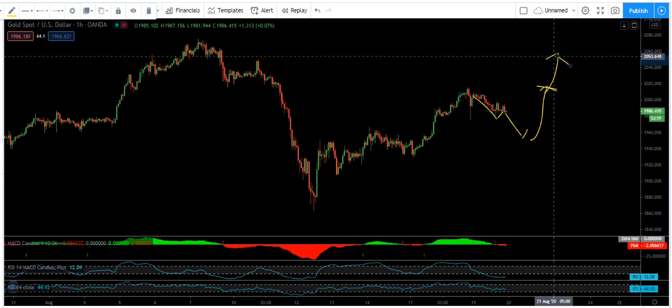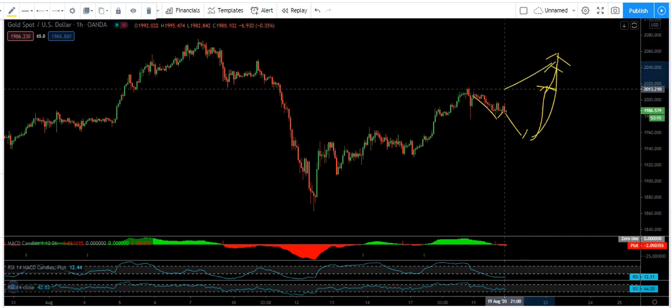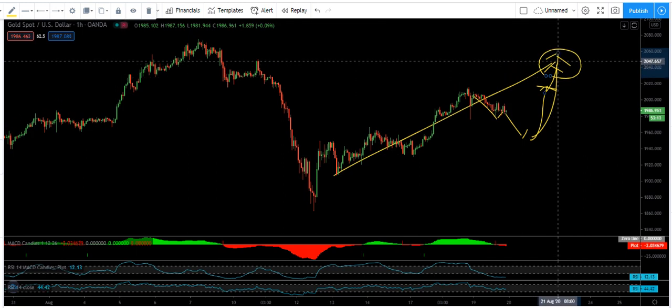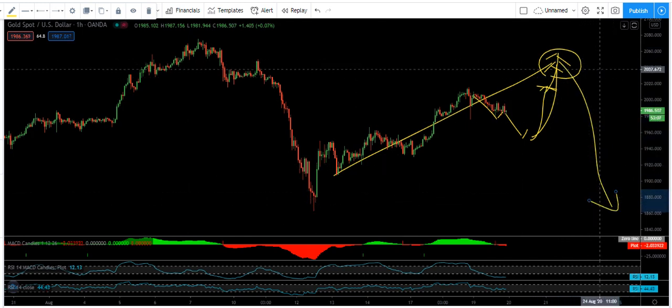That means the price from here moves up, then we see this correction, then from there if we get any trade setup, it can give us, similar to silver, a very good trade in terms of risk and reward.